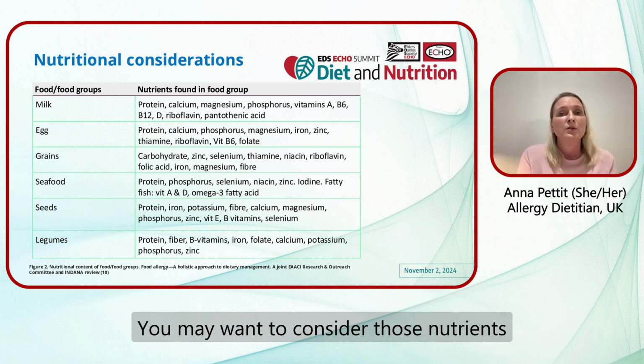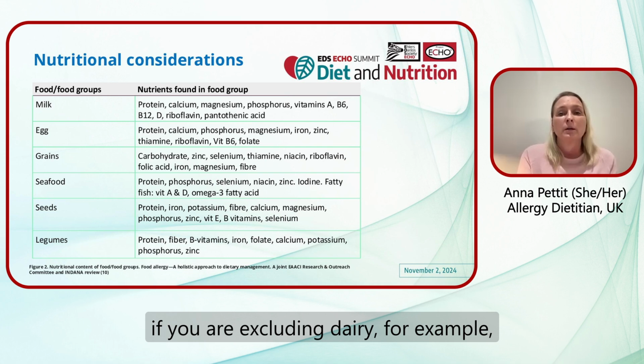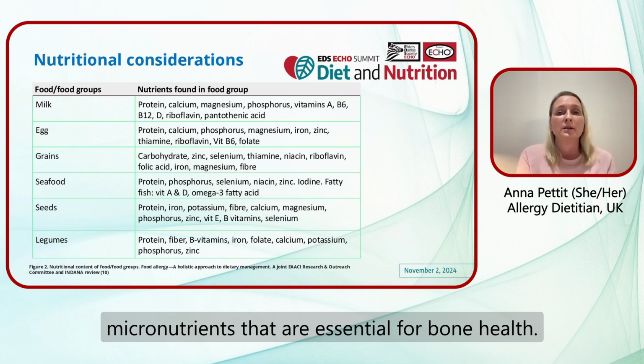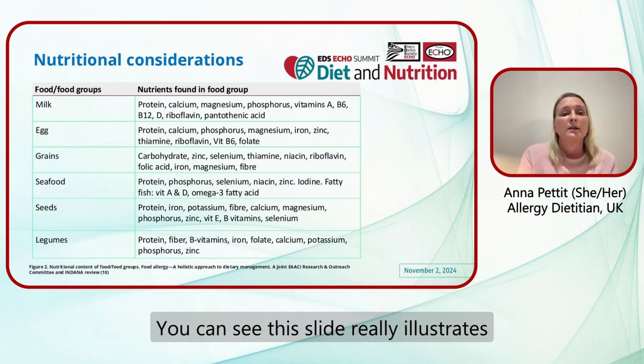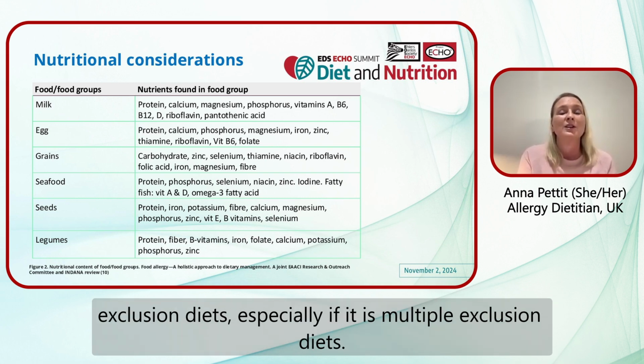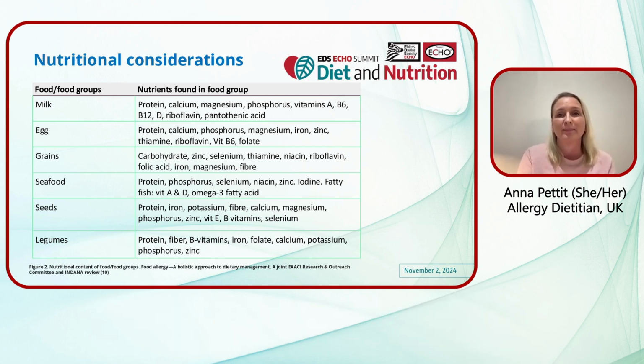So you may want to consider those nutrients. If you're excluding dairy, for example, where are you getting the calcium and other micronutrients that are essential for bone health? So you can see this slide really illustrates the issue that some people face when they're on exclusion diets, especially if it's multiple exclusion diets.